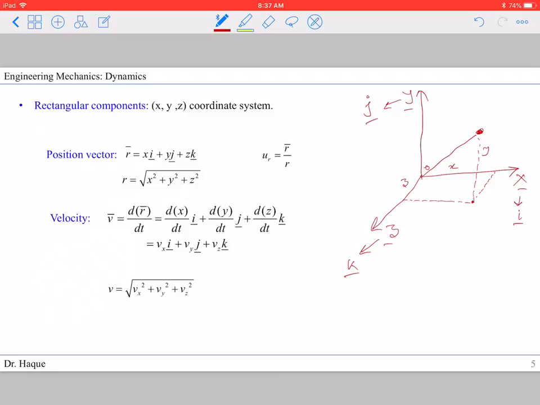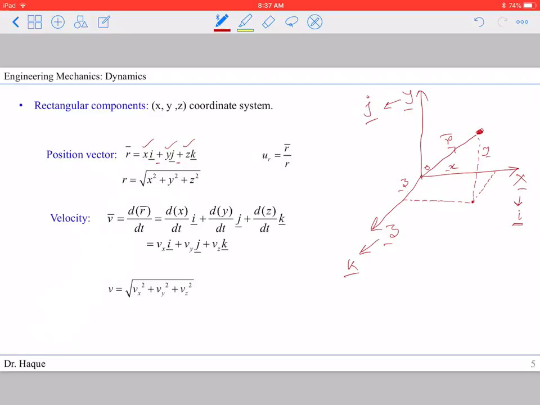So how in vector form can we define the position vector r of that particle? We just saw the x component, y component, and z component. So x, y, z are presented in summation form with the directional unit vectors.